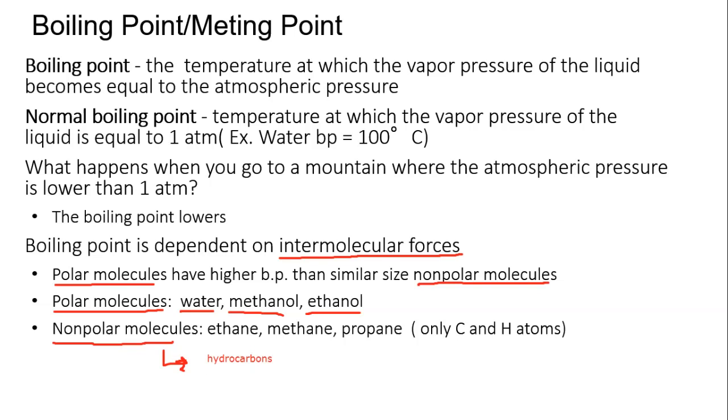So some examples of nonpolar molecules: ethane, methane, propane. These all have only carbon and hydrogen atoms. The formula of ethane is C2H6. Methane is CH4. And propane is C3H8.